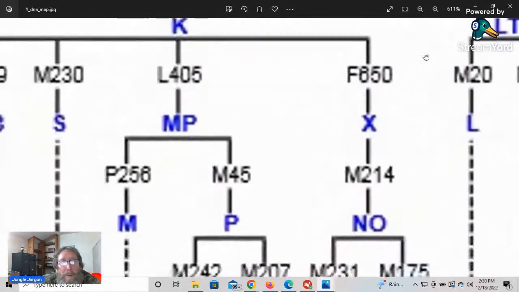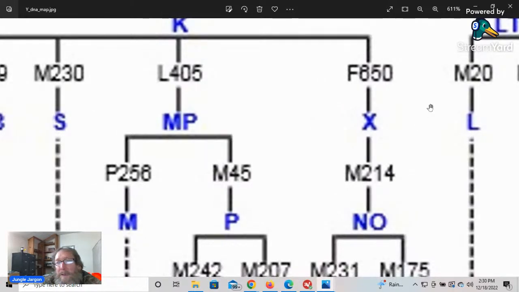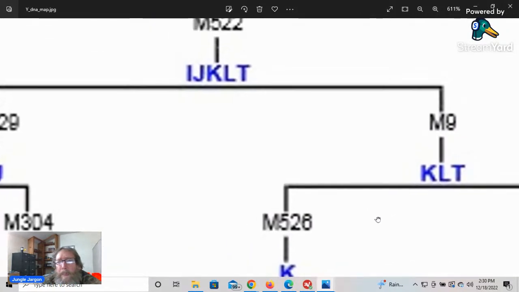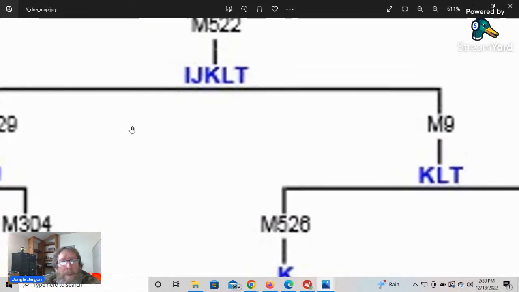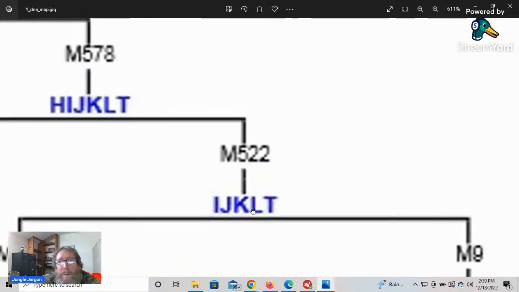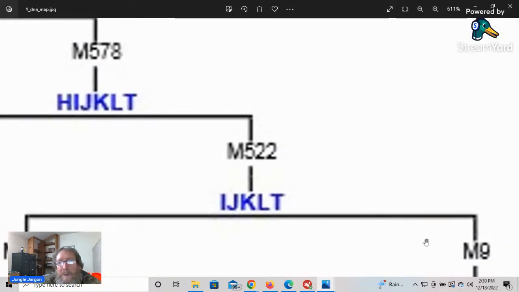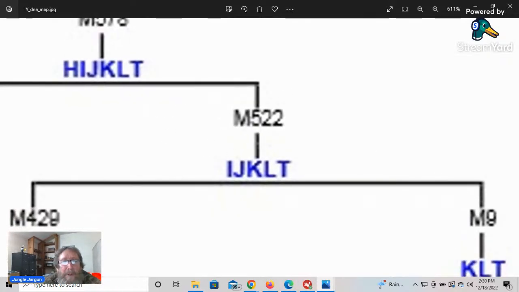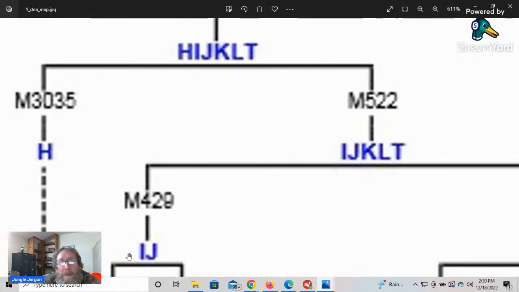So I just mentioned all the descendants of Japheth, 7 descendants of Japheth. Since he's the oldest son, he can share a marker like this one here, this M52, Japheth can share a marker with his nephew Arpachshad, who is the IJ, because Arpachshad is the oldest son of Shem, who is the brother of Japheth.